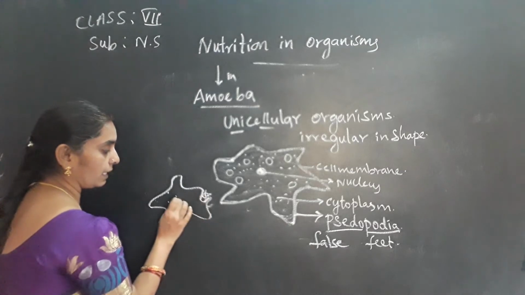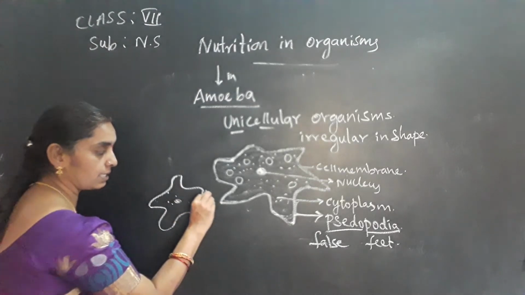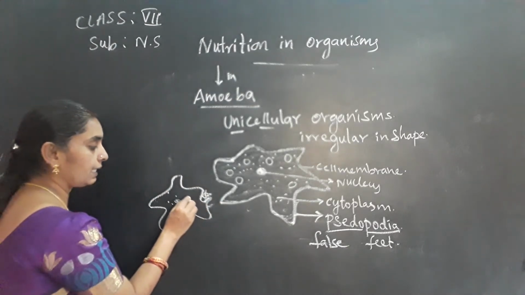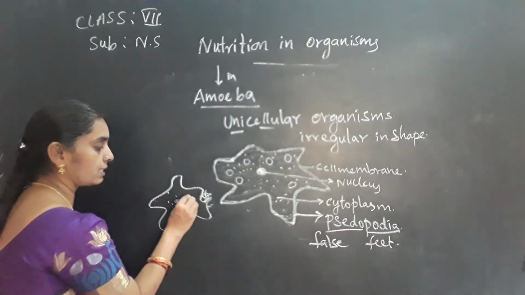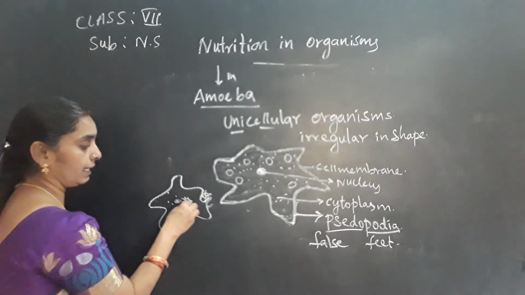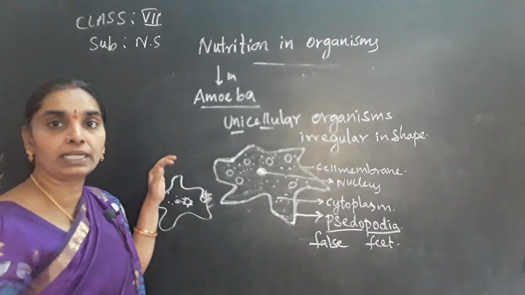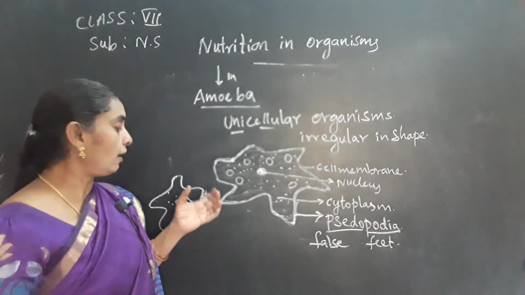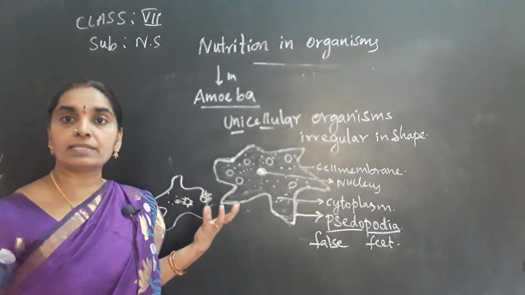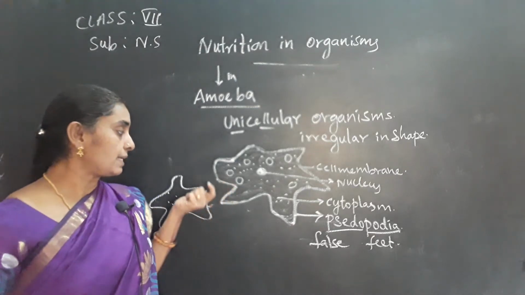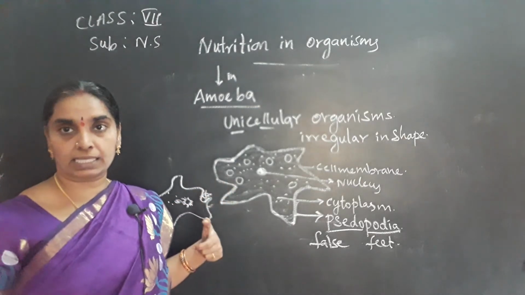Slowly this food particle enters, that is ingestion. First step, this is ingestion. Next the food particles enter inside. After ingestion comes digestion. After digestion, what happens? It mixes with the blood inside.